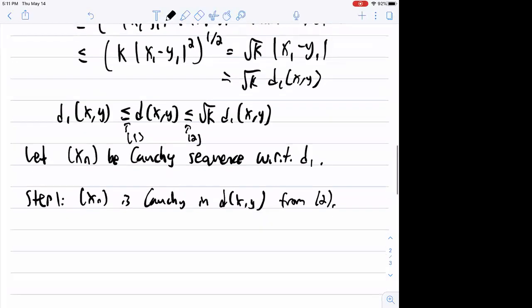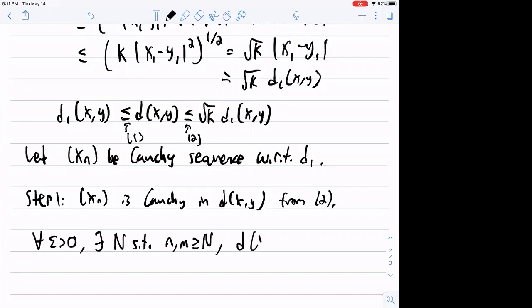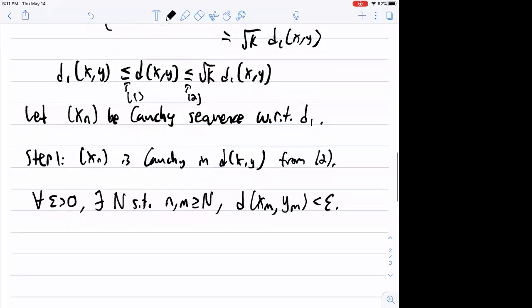Why? Let's show it. In order to show it's Cauchy, I need to show for all epsilon bigger than 0, there exists n such that for n, m bigger than or equal to n, d of xm, ym is less than epsilon. So let epsilon be bigger than 0.